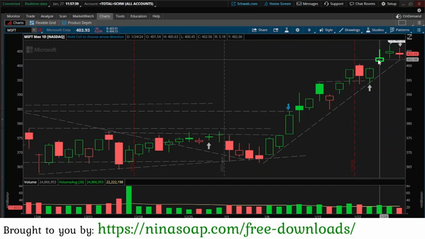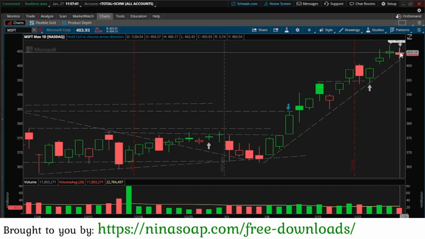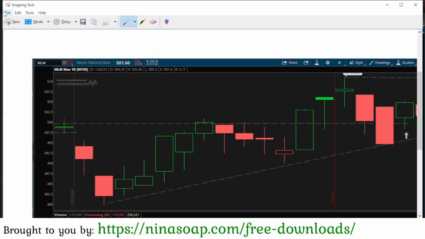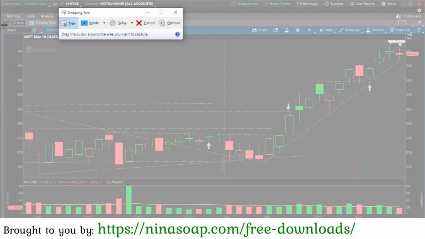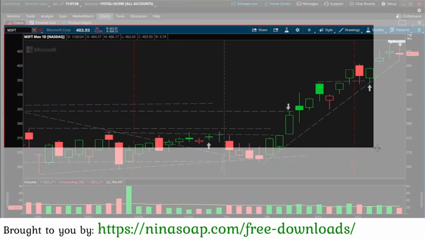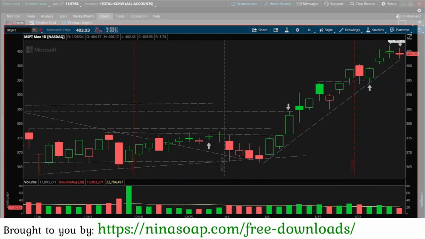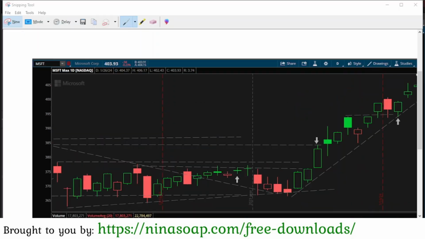Two days later, the third day or the fourth day, I noticed that it had a red bar, and we sold it to lock in that profit. So we are going to screenshot what we have. I think we did this one well by getting out of it at that green bar when we didn't get out of it the previous day.